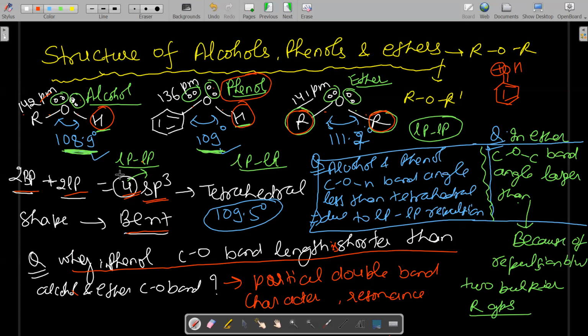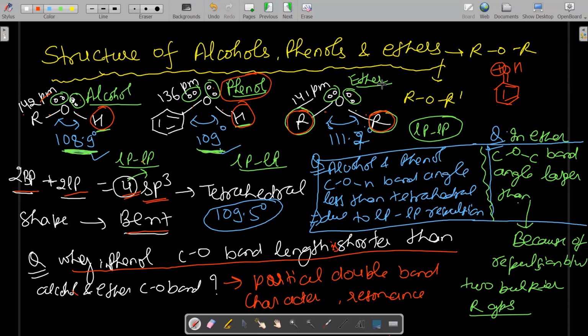In alcohol and phenol, two lone pairs are present, so lone pair repulsion occurs, and the bond angles are slightly lesser than the theoretical tetrahedral angle, about 108.9 and 109 degrees. So the COH bond angle in alcohol and phenol is lesser than the tetrahedral angle due to lone pair repulsion. Clear?